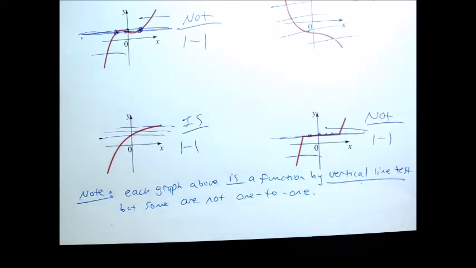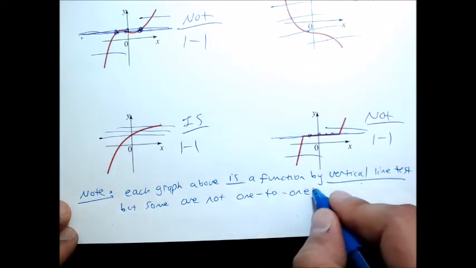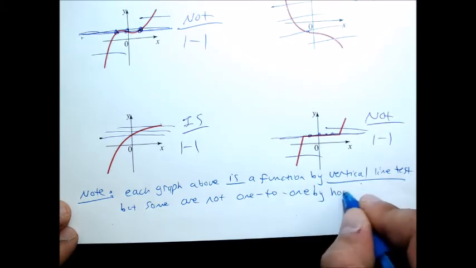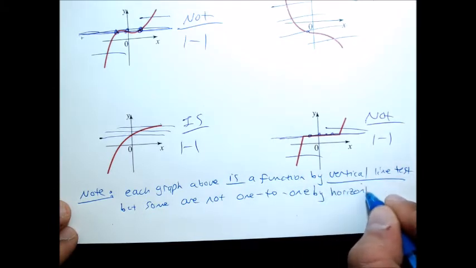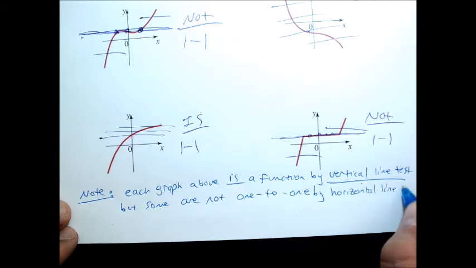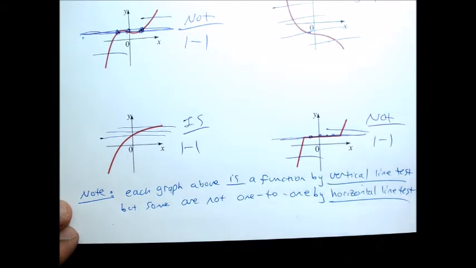Okay, so there's a difference between something being a function and one-to-one. And so they're not one-to-one, just to be clear, by the horizontal line test. Two different tests, two different concepts. But very similar and very confusing, so take a look at those two, compare them.